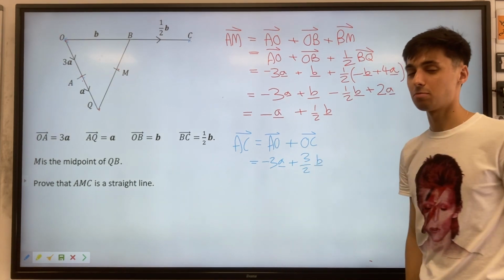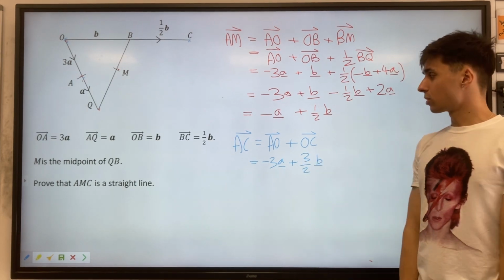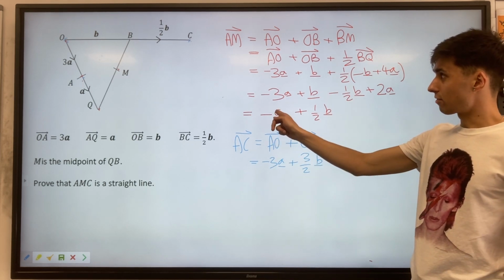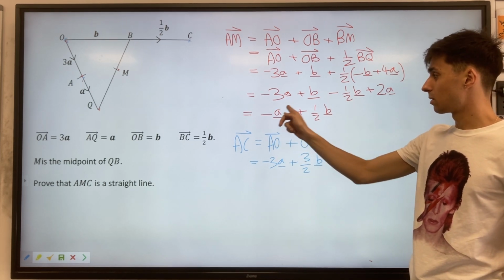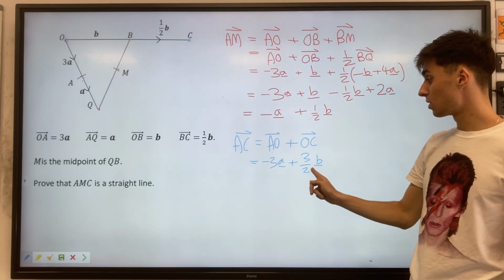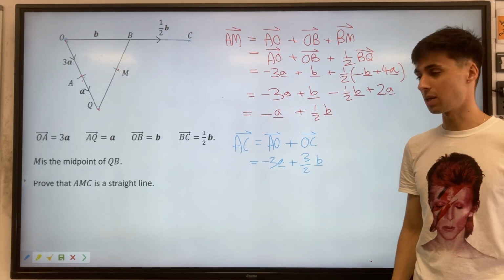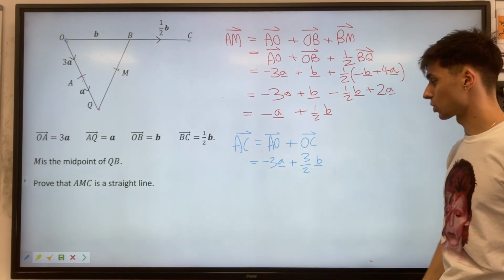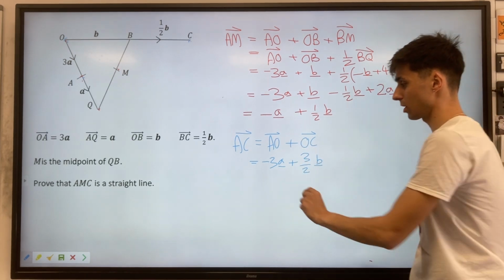Or 1.5B. This looks pretty good for us at the moment because we have A to M is minus A plus a half B. A to C is minus 3A plus 3 over 2B. Let's take out a factor at the moment of 3 because it looks quite similar.